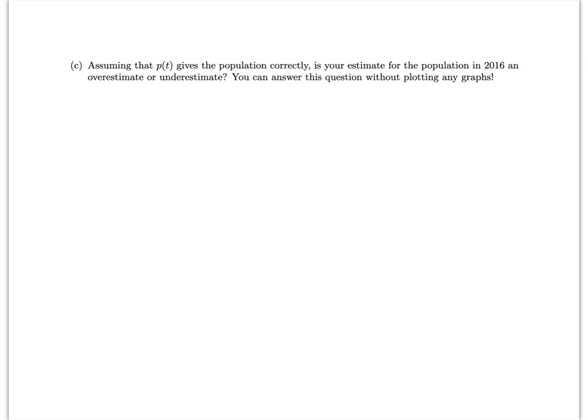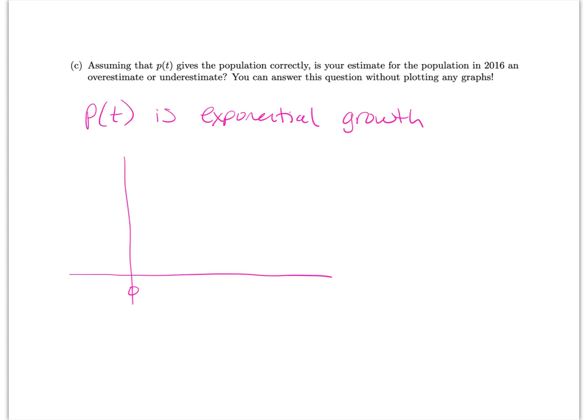Assuming that P of T gives the population correctly, is your estimate for the population in 2016 an overestimate or an underestimate? Well, the formula that we were given, P of T, is an exponential growth formula, which started in the year 2000, and it's some kind of exponential growth like that.